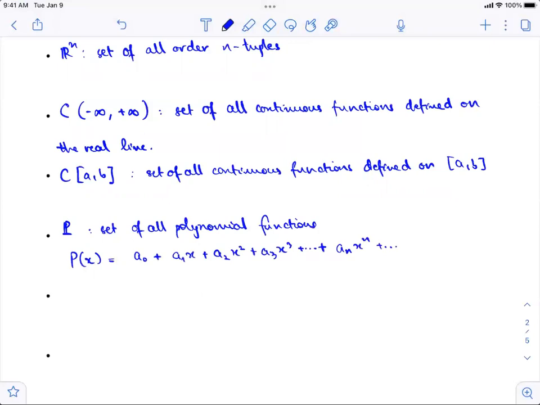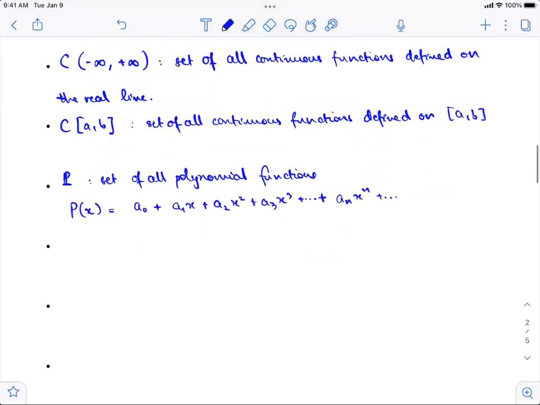So this is the set of all polynomial functions. Or you have a little bit smaller set, P sub n, the set of all polynomial functions of degree less than or equal to n.